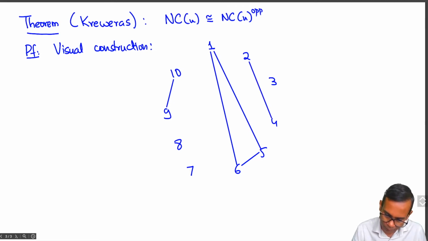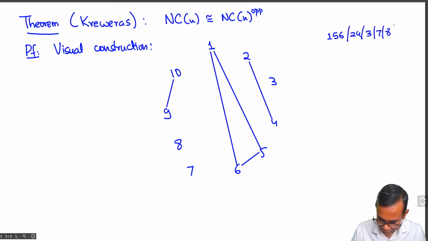So this is the set partition 1, 5, 6, 2, 4, 3, 7, 8, 9, 10.